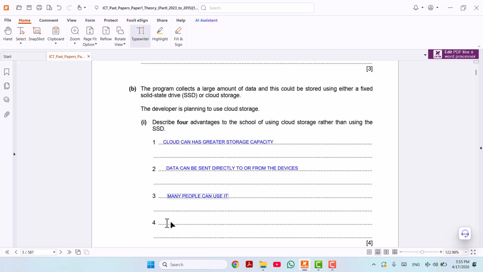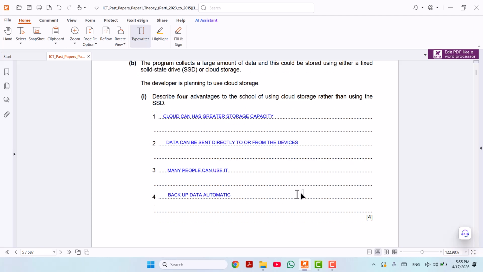What else? Remember, we have in the cloud, yes, backup, and it makes backups of data automatically. Okay, so these are four advantages of using cloud.